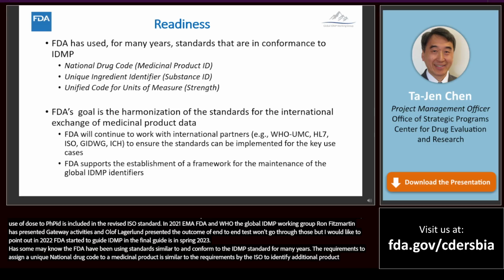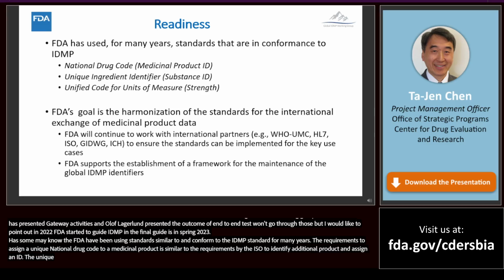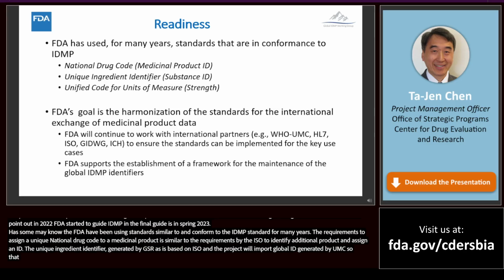The unique ingredient identifier, UNII, generated by GSRS is based on ISO 11238, and the GSRS project will import the global substance ID generated by UMC so that the GSRS UNII will map to the global substance ID. And besides the GSRS project, the FDA FAIRS program and CEDAR integrity product domain all have a placeholder for global PhPID, and we will import and utilize the global PhPID when it is available.